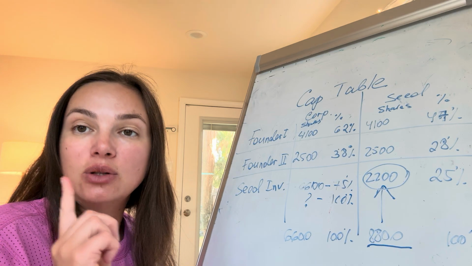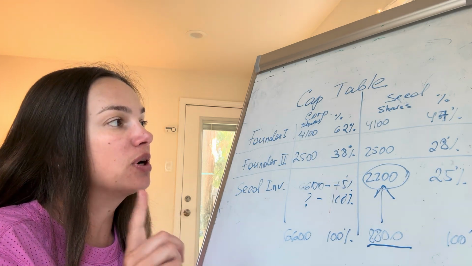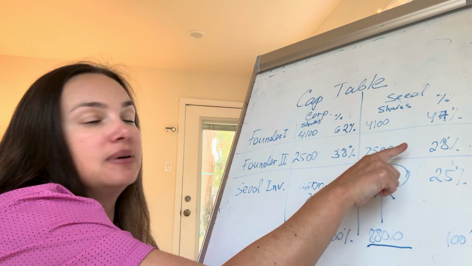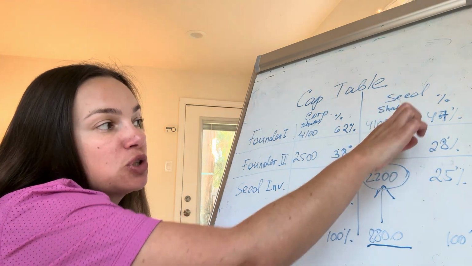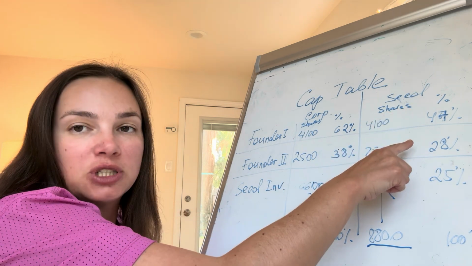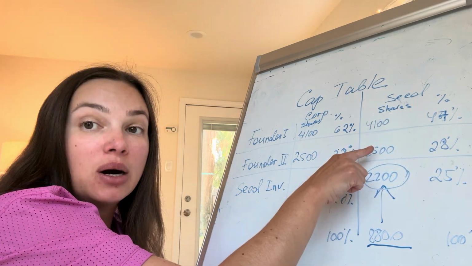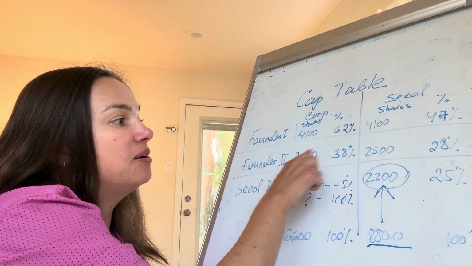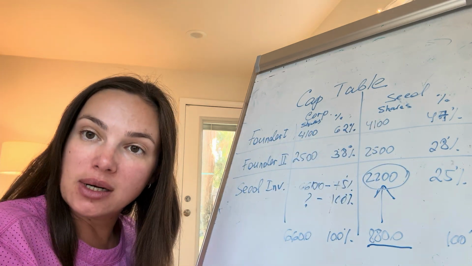But look at that, it's a very important point. The percentage the founders have in the company dropped, but not the amount of shares. So both founders still have the same amount of shares.